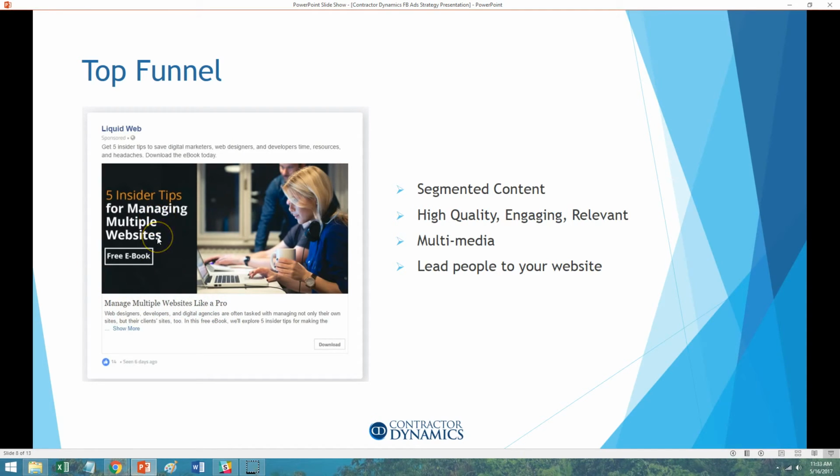It's valuable to the right people. The right people are going to self-select and download this ebook. So it's a high quality, engaging, relevant piece of content. We encourage everyone to include multimedia such as graphics or infographics, images, before and after pictures, videos, and things like that. So the idea is that you need to lead people to your website. That's where everything happens. That's when you can start tracking people. So that's the top of the funnel ad.